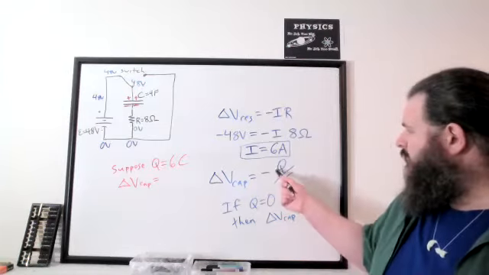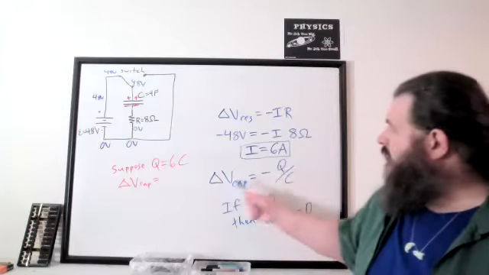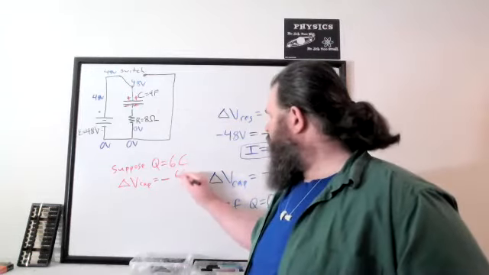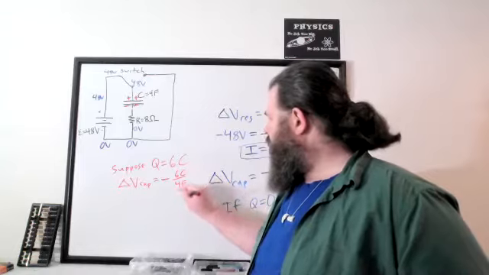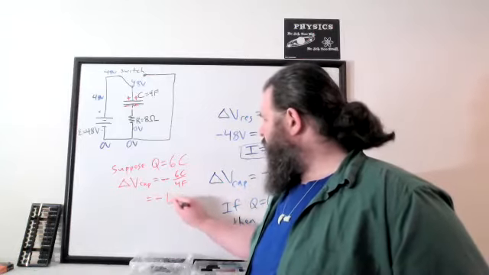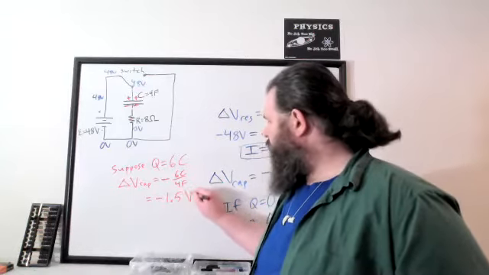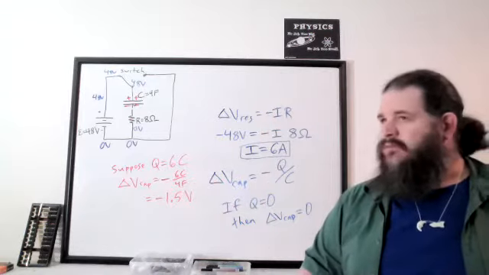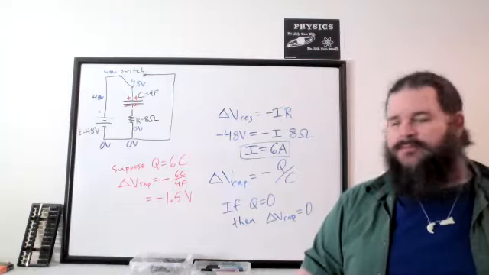Yeah, if we take Q over C, 6 coulombs divided by 4 farads, that's negative 1.5 volts, because farads is coulombs per volt, so the coulombs cancel out, we get volts.